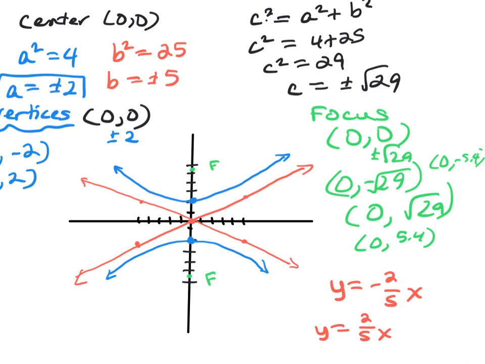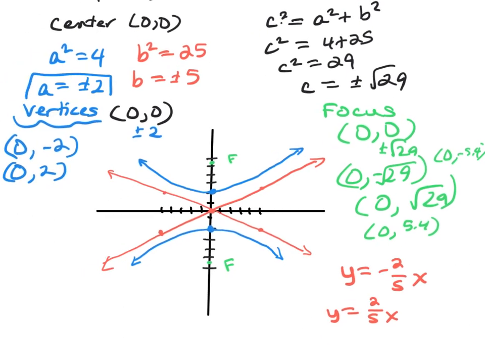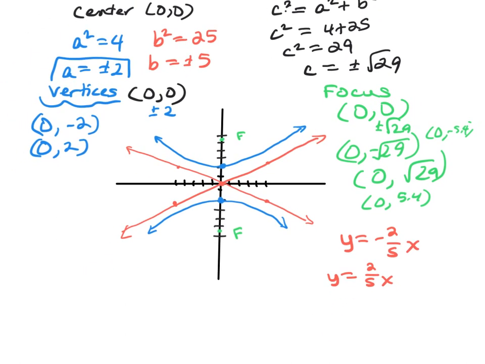So now let's go ahead and do domain and range. Notice the blue lines, they would eventually get wider and wider and cover the entire x-axis. So my domain is going to be all real numbers. However, my range, that's where the break is.